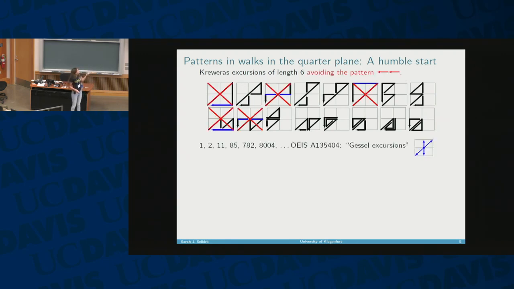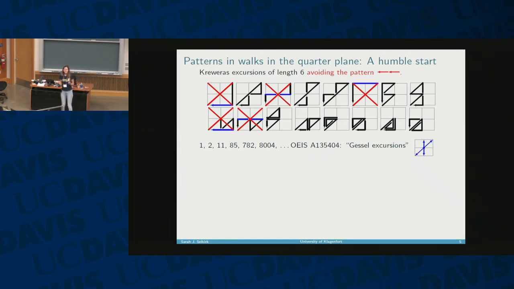So how about we take the pattern west-west? And if you count the sequence that comes out, you get this one over here. And if you look it up in the OEIS, it's a really massive surprise that this turns out to be Gessel excursions.